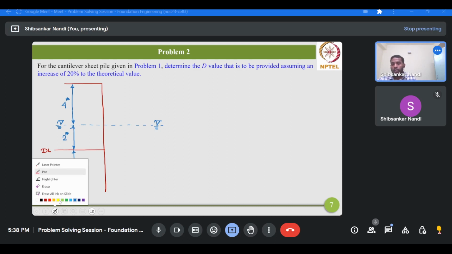For that, we'll consider the distribution from the water table location, because the above part is under tension, and that part will not be considered for calculating the embedment depth. So this value is your 15.